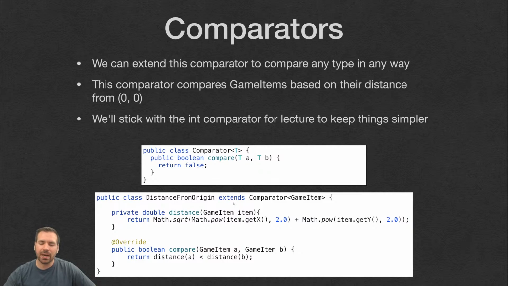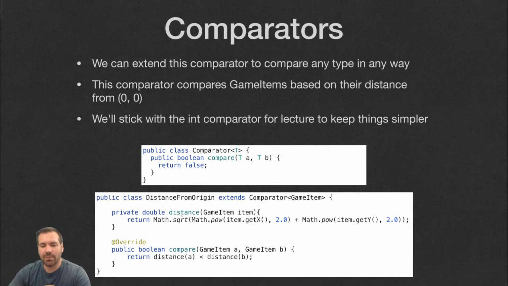So if we want to compare our objects in very complex ways, well, we just write the code to do that. That's perfectly fine. As long as compare takes two game items, that's fine. So here, if I want to sort game items based on their distance to the origin, and here I'm using less than, so the first value in my fully sorted list will be the item closest to the origin.